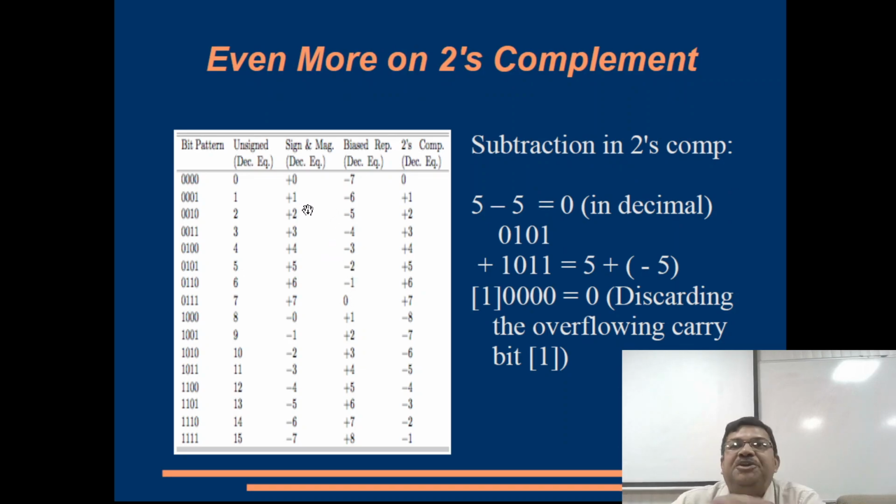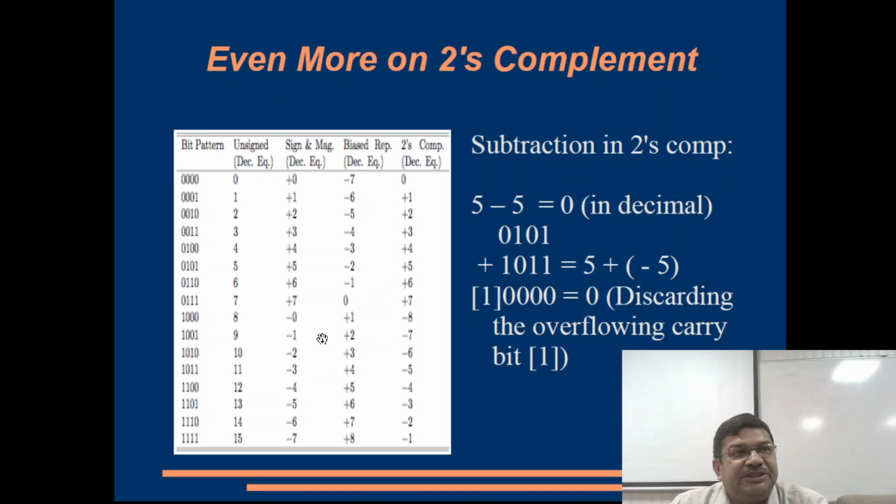So sign and magnitude are evenly distributed between positive and negative integers, with one caveat that you have two representations of zero, plus 0 and minus 0. Biased representation ranges from minus 7 to plus 8. Right?